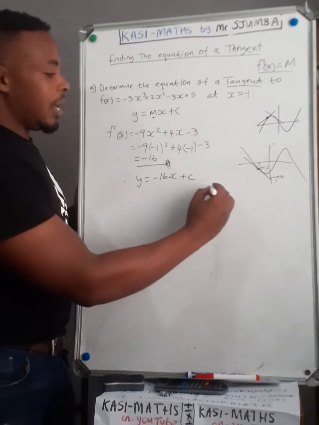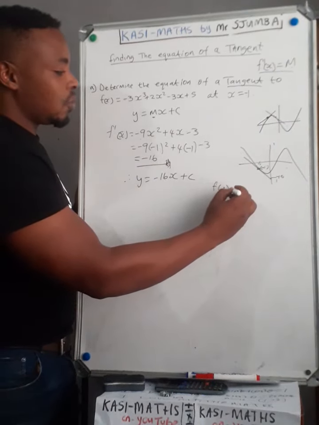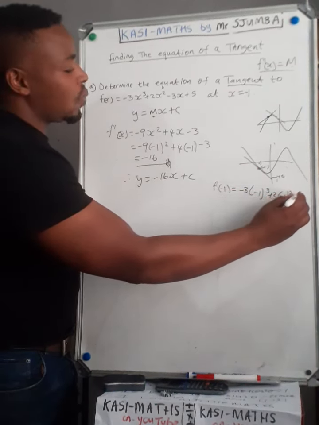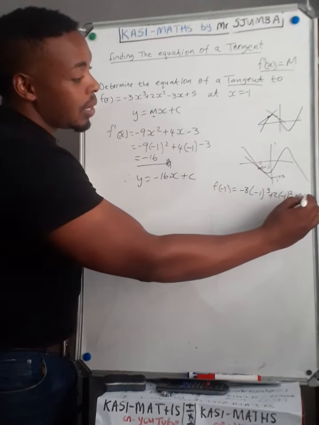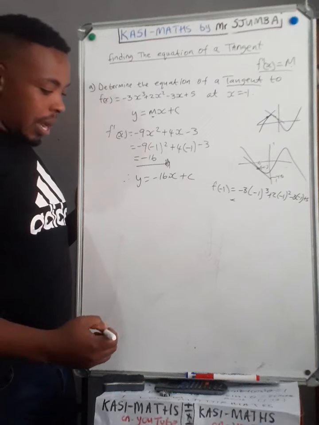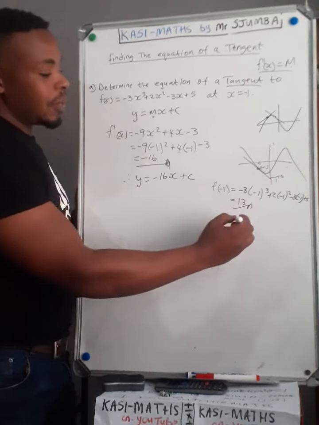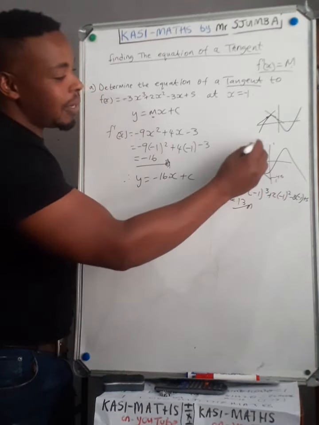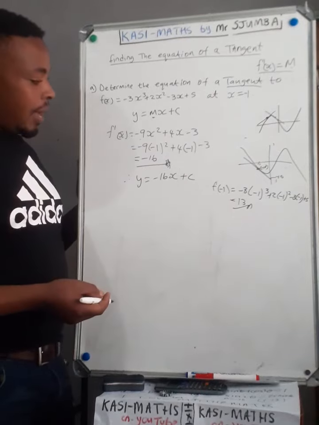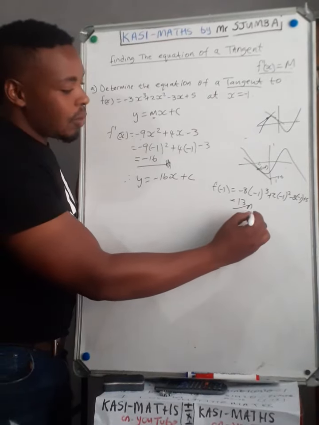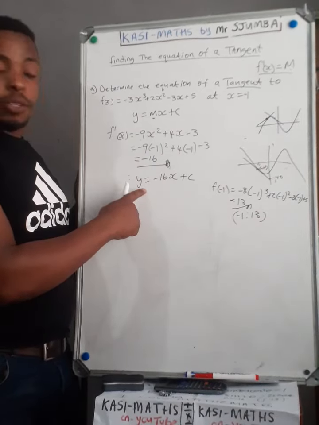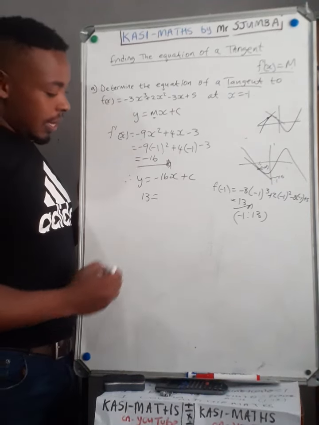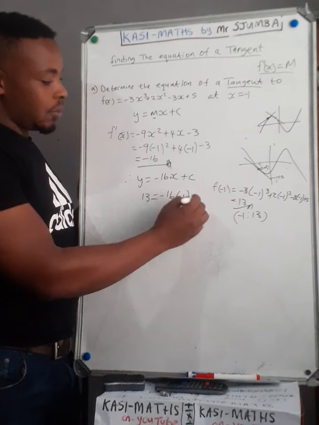So we substitute minus 1 into f: minus 1 cubed plus 2 times minus 1 squared minus 3 times minus 1 plus 5. The answer will be 13. So we do have a coordinate, minus 1 and 13. Let's sketch it. Now we substitute to find the value of c: 13 equals negative 16 times minus 1 plus c.